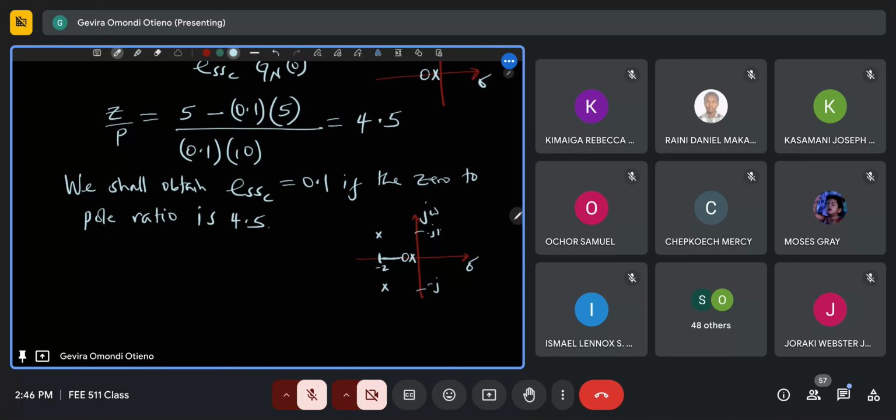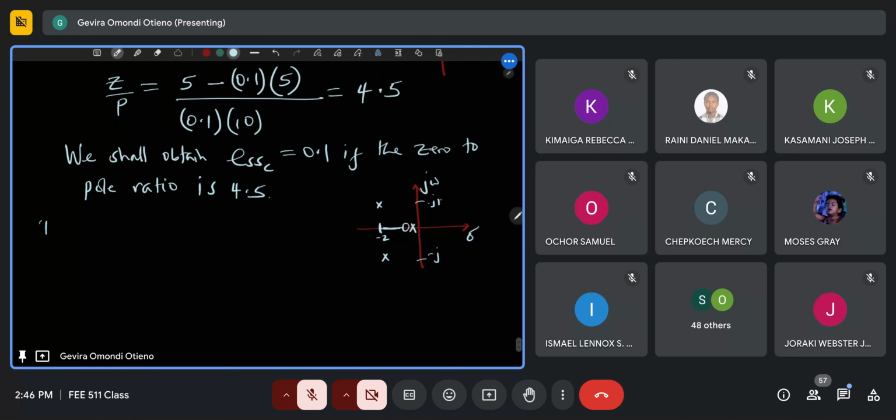So we say the location of the dominant pole, remember, the dominant pole is always a pair. It's always a pair of poles. So the location of the dominant pole is -2 in this case.